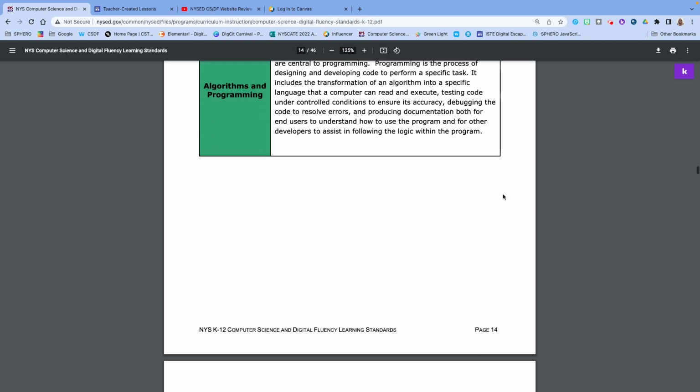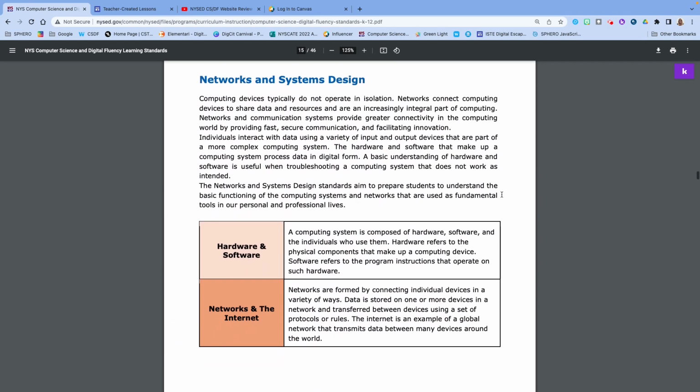The next area is networks and systems design, and this really can be a little bit more difficult to think about how it fits into our ELA classrooms. But here we're talking about our computing systems. What are the parts? What is the hardware? What's the software? We want to make sure that our students understand the tools that we use in order to then transfer those skills to whatever they're going to do outside of our doors.